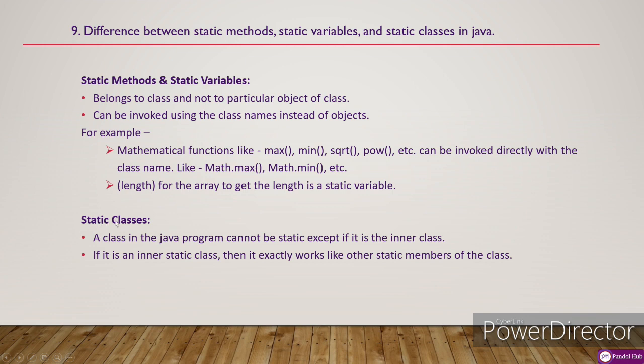So going on with static classes, a class in a Java program cannot be static except if it is an inner class. I hope everyone is aware of this inner class. This inner class is nothing but a class written inside a class. So you can't have a direct class which can be static. Instead, only inner classes can be declared as static.